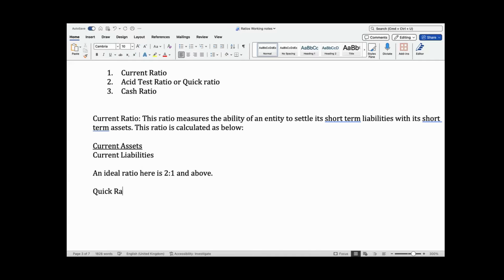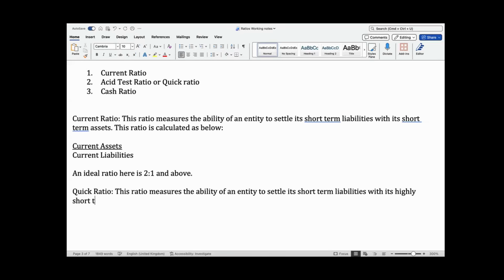The second one is quick ratio. It measures the same thing. So this ratio measures the ability of an entity to settle its short-term liabilities with its highly liquid short-term assets. Can you settle your short-term liabilities with even more liquid assets than the current assets?